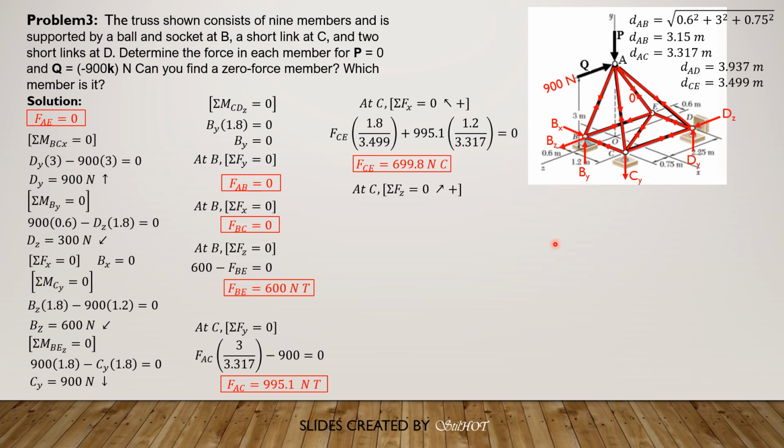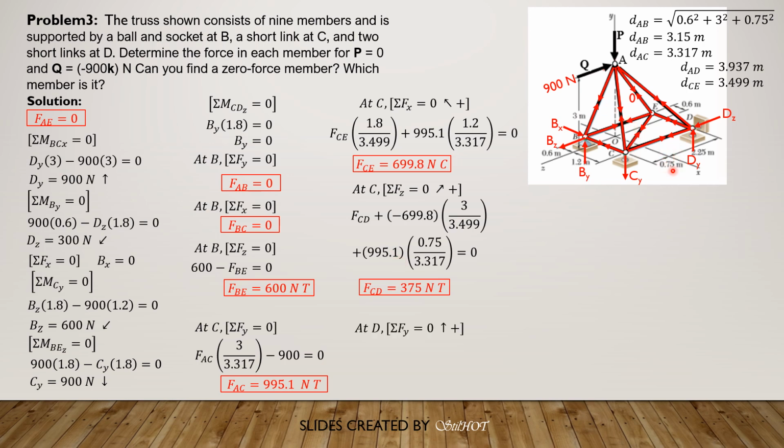And summation forces along Z equals 0, positive in the negative direction of Z. So we have FCE, which is negative 699.8, times 3 divided by distance 3.499, plus FCD, plus the Z component of FAC, which is 995.1 times 0.75, the Z component of distance, divided by distance of FAC, 3.317, equals 0.